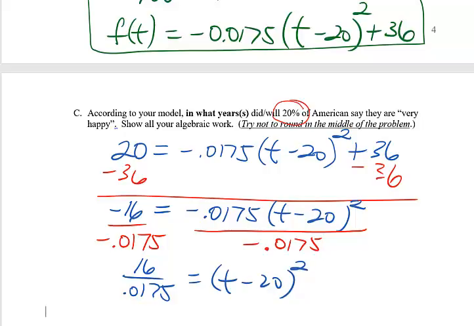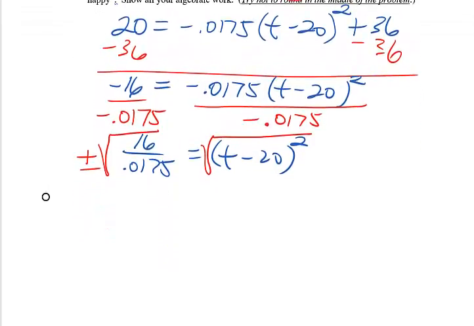Now comes the big square root step, right? Square root each side. Don't forget the plus or minus on the side where the numbers are. And then we can simplify. I've got t minus 20 now on the right. And on the left, I don't really have much I can do with this.